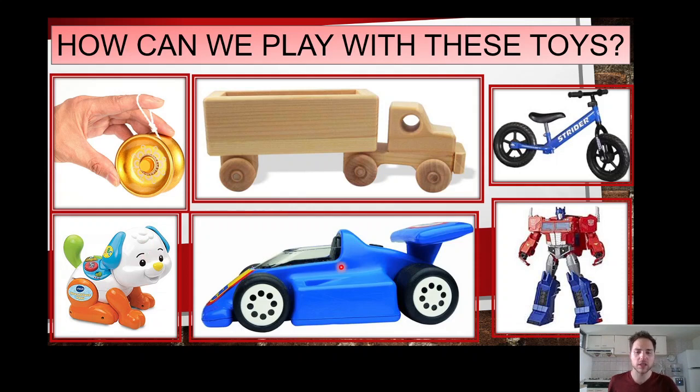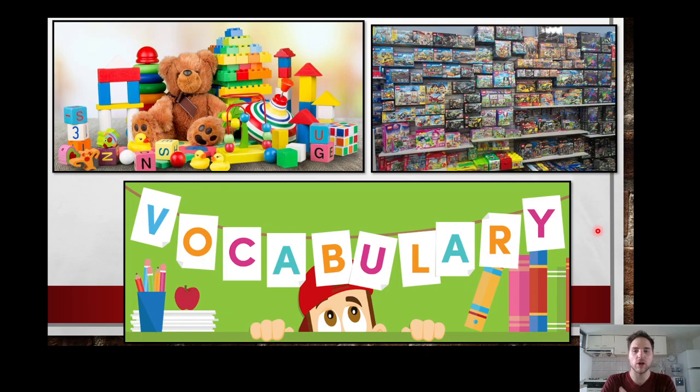Or like cars, if they're the small ones, you can push or sometimes pull them and they will move. Or maybe it's like the bigger cars where you can sit inside and you can actually ride them. Or like a robot, like the Transformer, this one can be a car or it can be a robot that we can play with. Right, so let's learn the toy vocabulary words for this unit.